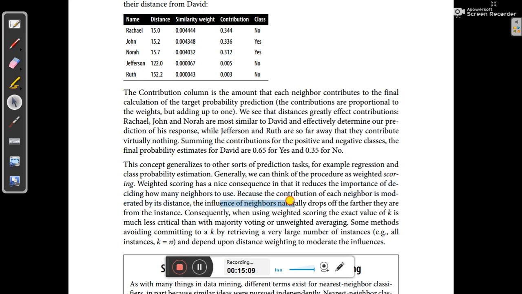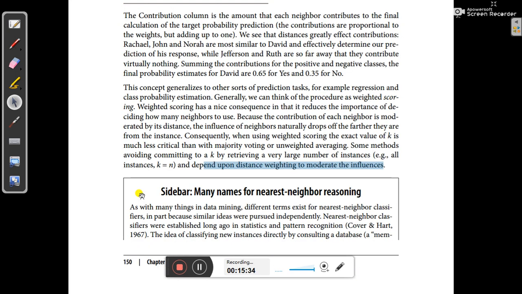The influence of neighbors necessarily drops off the further they are from the instance. Consequently, when using weighted scoring, the exact value of k is much less critical than with majority voting or unweighted averaging. Some methods avoid committing to a k by retrieving a very large number of instances, for example all instances, k equal n, and depend upon distance weighting to moderate the influence.